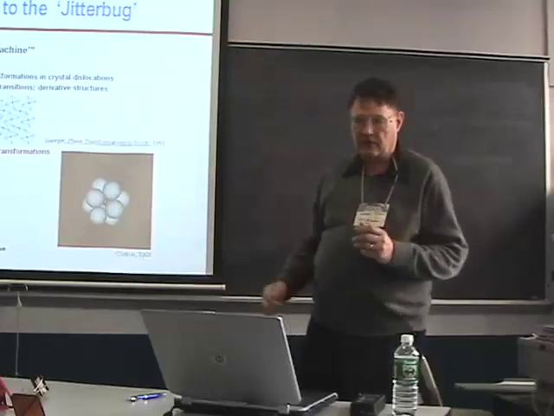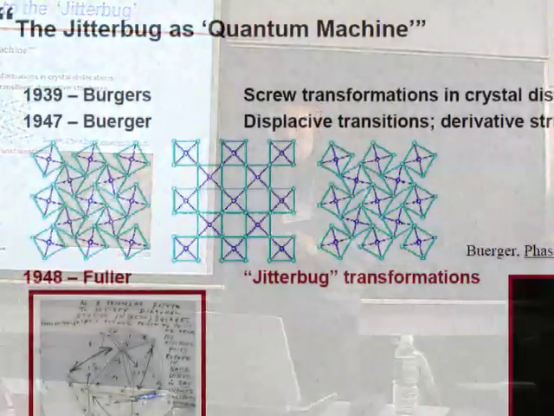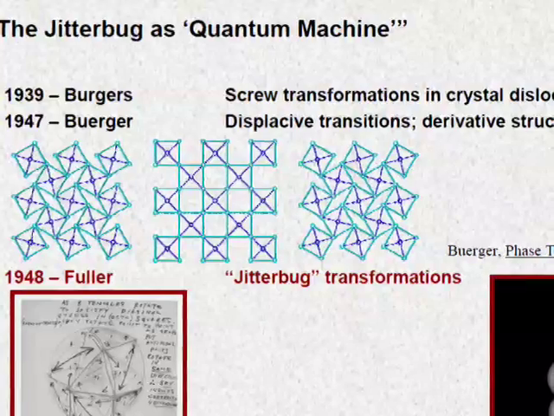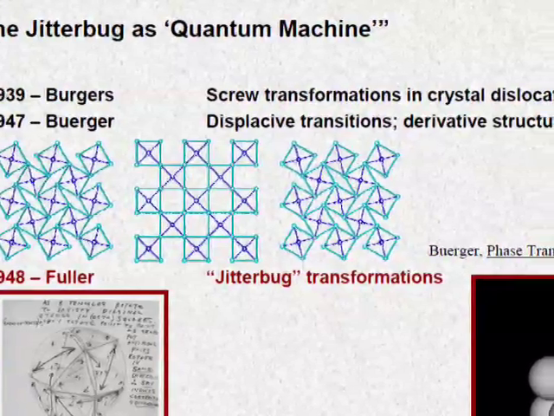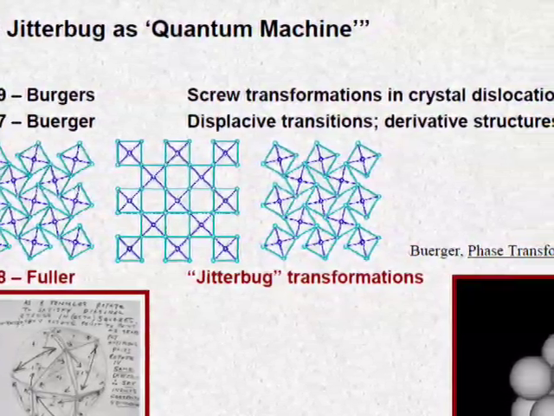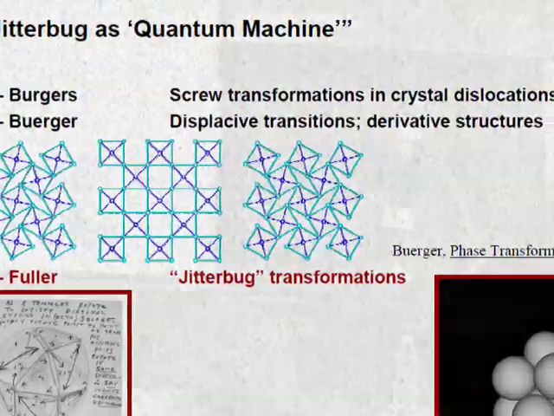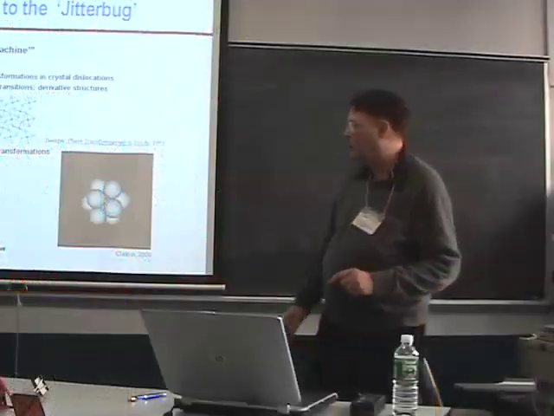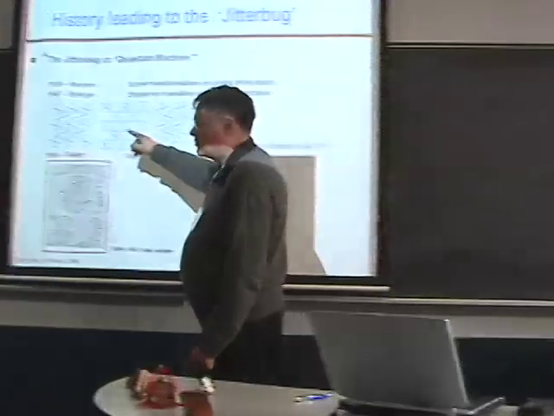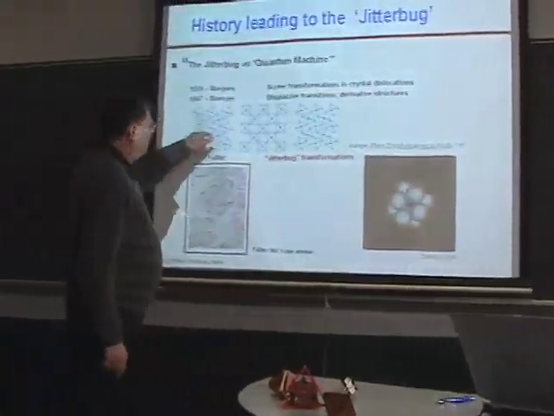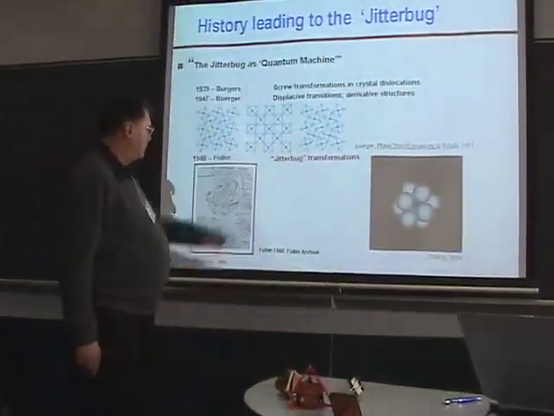And following him, Berger, in 1947, talked about displacive transitions in structures. The diagram that you see here is his explanation of that displacive transformation going on.